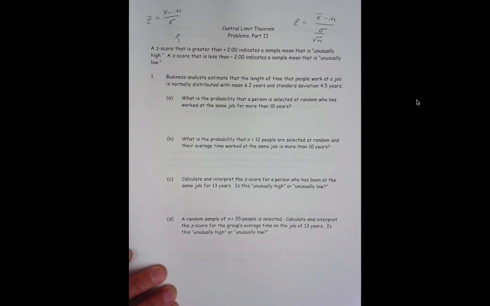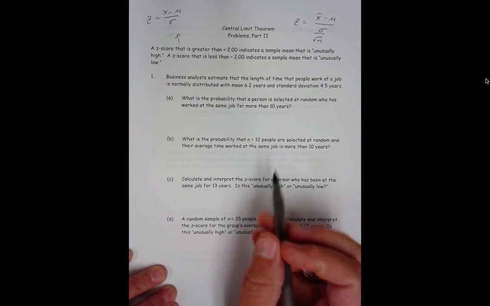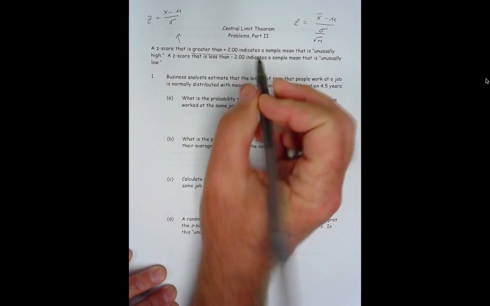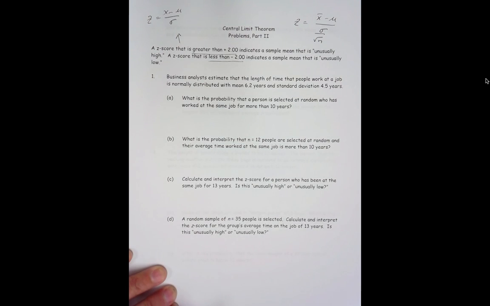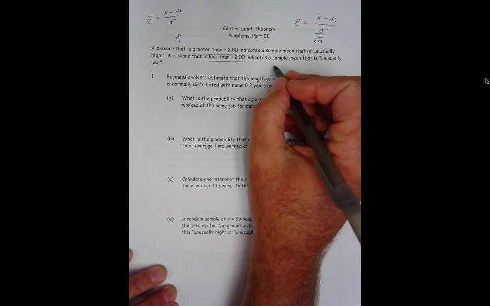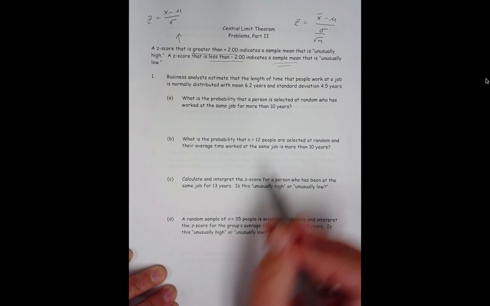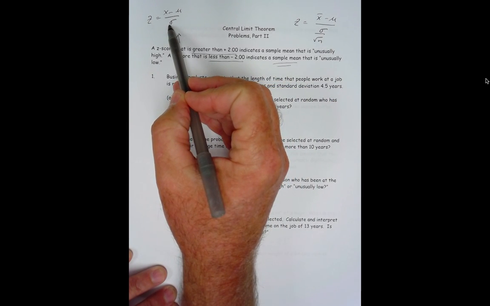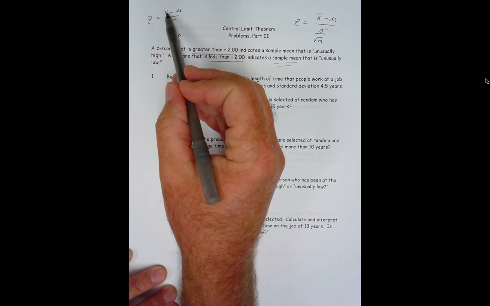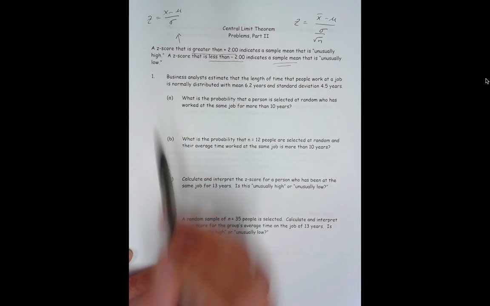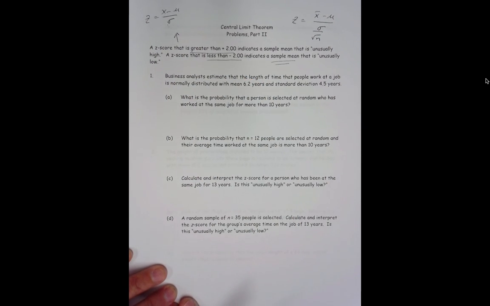Regardless, a z-score greater than positive 2 or less than negative 2 indicates an unusual value. It doesn't necessarily mean the sample mean is unusually low. It could be just a particular measurement, a particular value for x, that is unusually low.